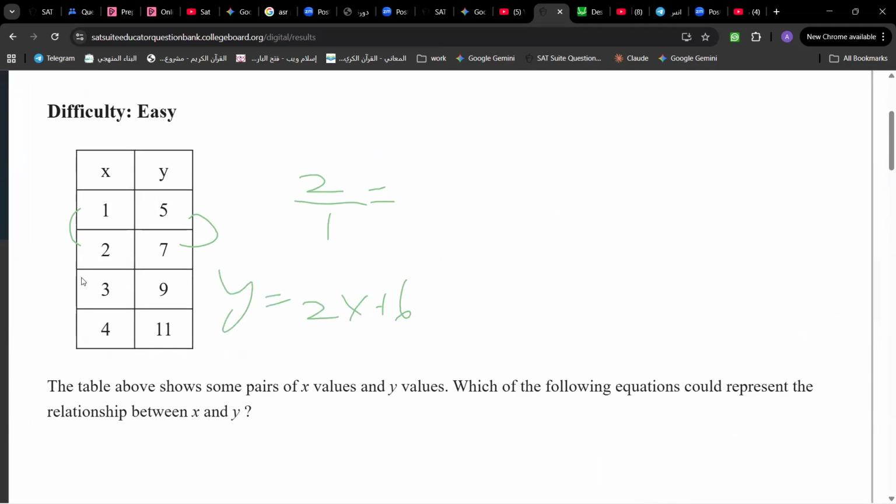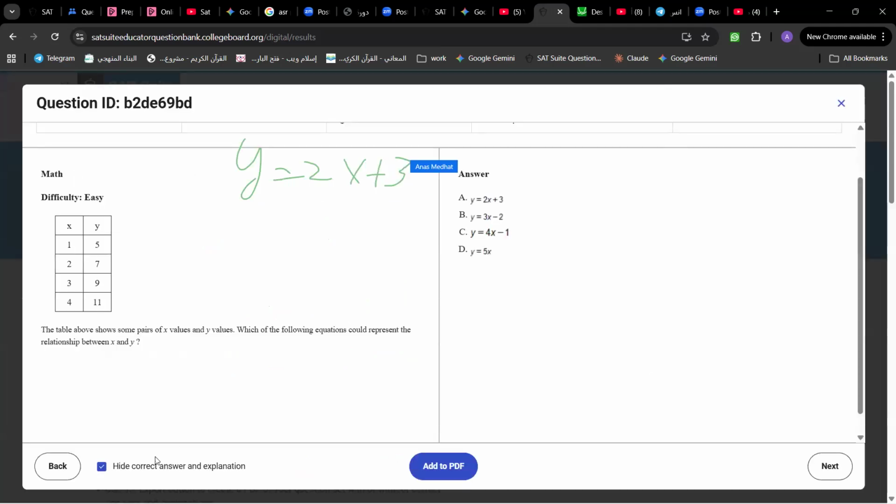Substitute one of the equations. 5 is equal to 2 plus b. Shift 2 to the other side, b is equal to 3. So y is equal to 2x plus 3. Answer is A.